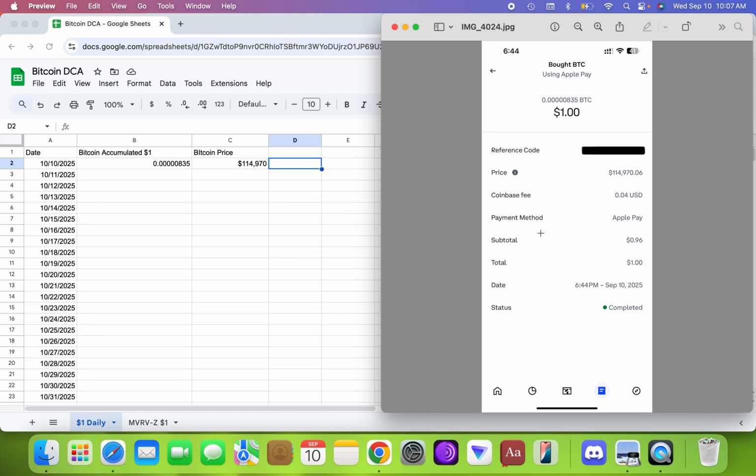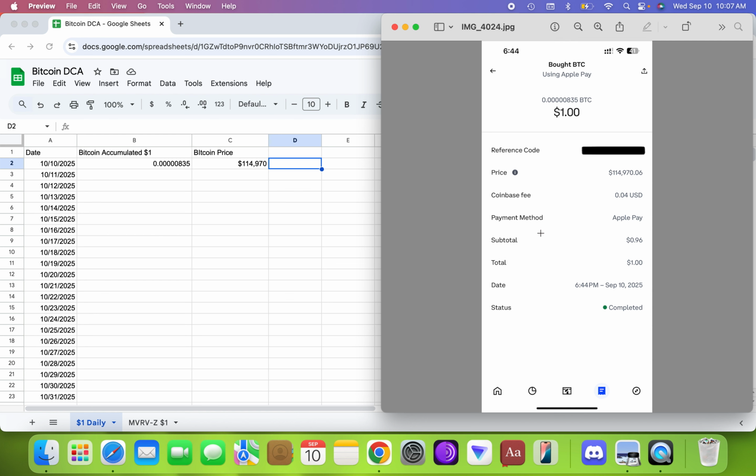I just used Coinbase. I got pretty much robbed with the spread, and I know all that stuff. I need to get my Strike back up and running to get those fees waived, or maybe use Coinbase Pro, or find somewhere else where I can get the most bang for my buck.